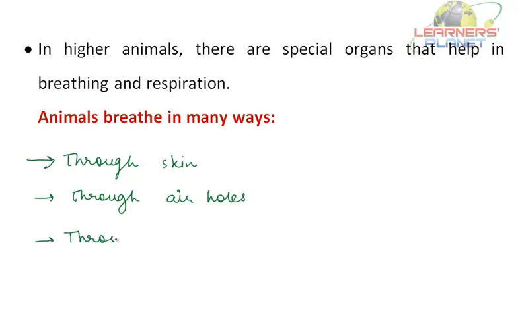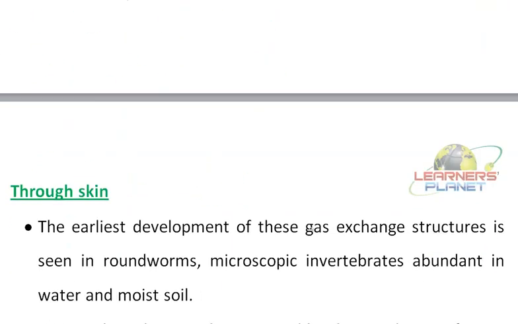They can also breathe through gills. And there are some organisms that breathe through lungs. So we are going to study about the animals which breathe in these 4 ways, right? So let us see the first one.